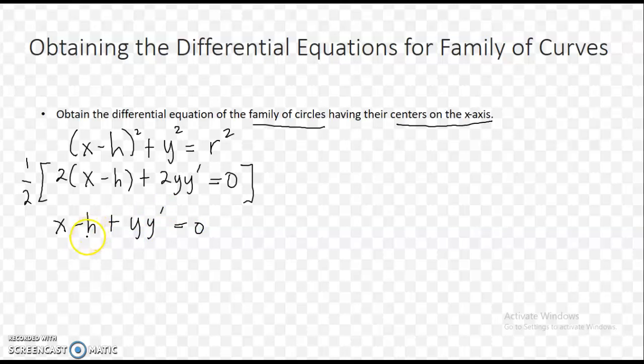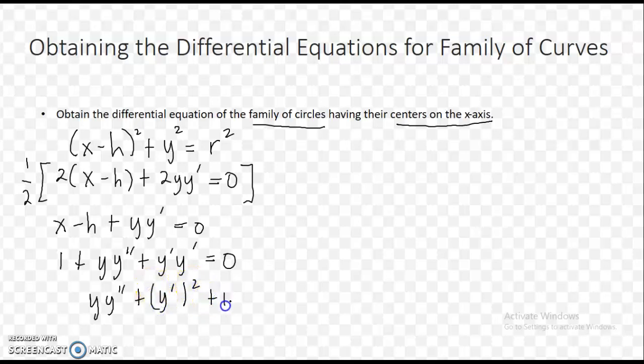Again, we still have the arbitrary constant, which is h. Get the second derivative. Therefore, this one is 1. Then, using the product formula, we have 1 plus y y double prime plus y prime squared equal to 0. Let us arrange this one. We have y y double prime plus y prime squared plus 1 equal to 0.